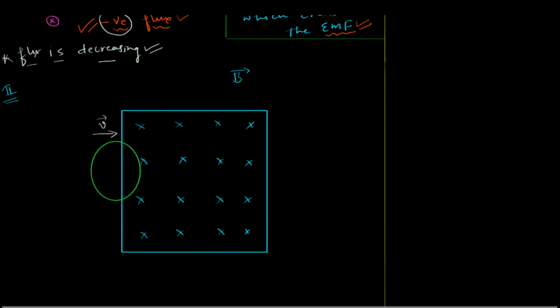The question is, if we keep doing this, what is the direction of current in the loop? Direction of current in the loop. Alright, what is the direction of current in the loop?